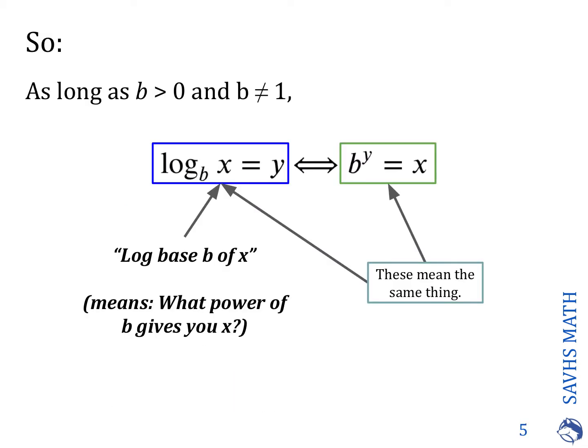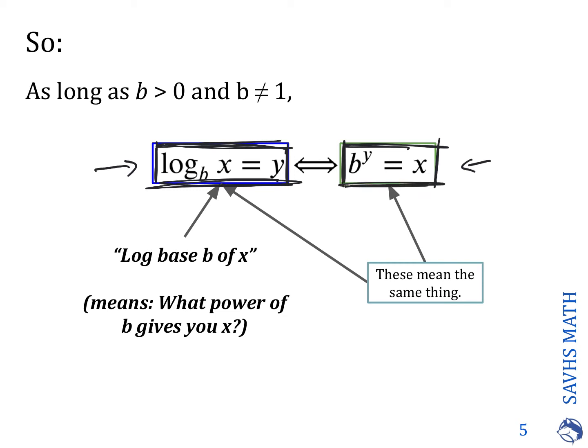What you should write down or keep in your notes, or maybe screenshot, is just this line right here. What it says is these two ways of writing the same thing are the same. Now this is like what we saw on the last slide. We had that b, and that b became this little base of the log.